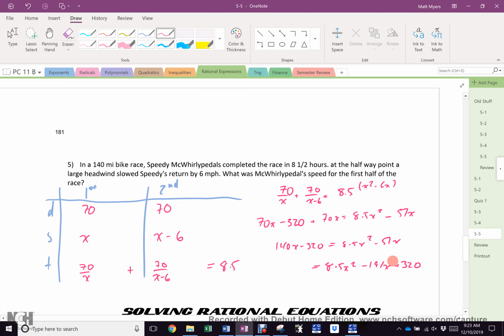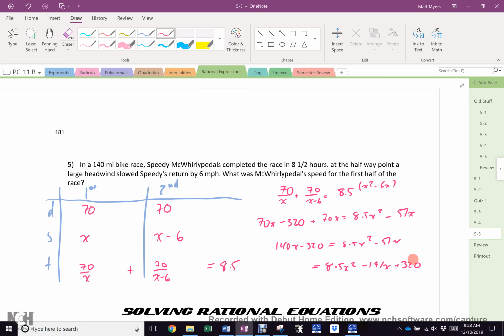And then what would I need to do? Because I ain't factoring that. Quadratic equation, or if you're very handy with your friend the graphing calculator, plug it in, graph it, find the zeros.